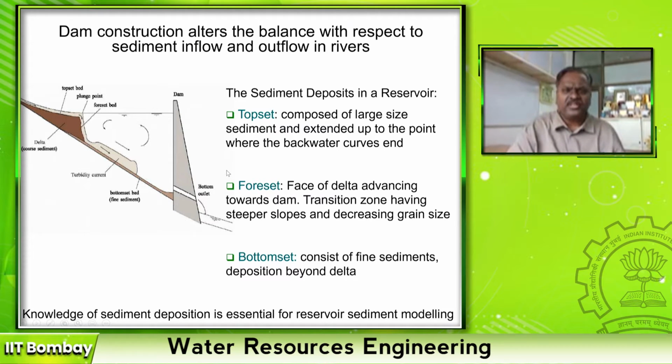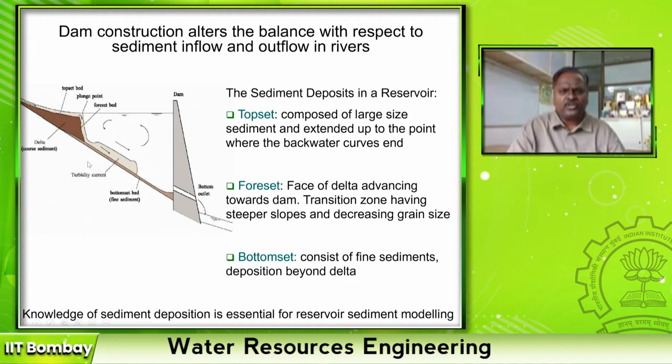Then the sediment deposition is almost of three types. First one is top set. Top set is nothing but my delta, which is larger size sediment and extends up to the backwater curve, right? The second one is foreset. Foreset is nothing but the face of the delta where my medium size sediments get deposited.